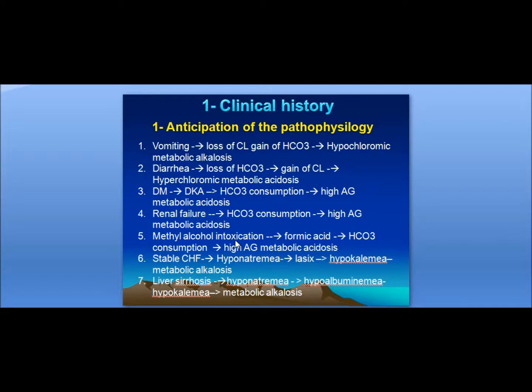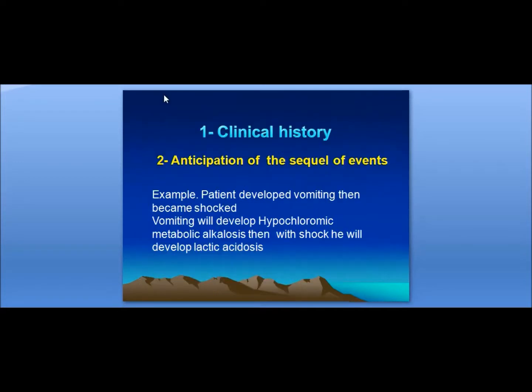Methanol intoxication will be associated with the formation of formic acid to consume bicarbonate and develop high anion gap metabolic acidosis. In stable congestive heart failure, the patient will have hyponatremia, maybe on diuretics like furosemide, to develop hypokalemic metabolic alkalosis. A liver cirrhosis patient will have hyponatremia, hypoalbuminemia, hypokalemia, and develop metabolic alkalosis.